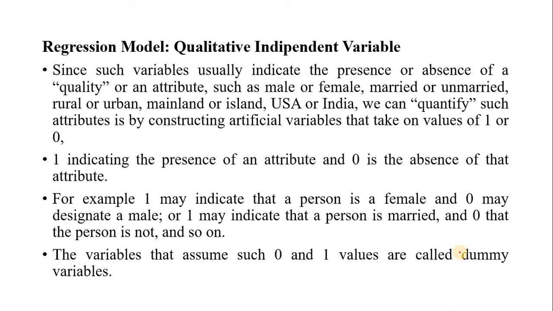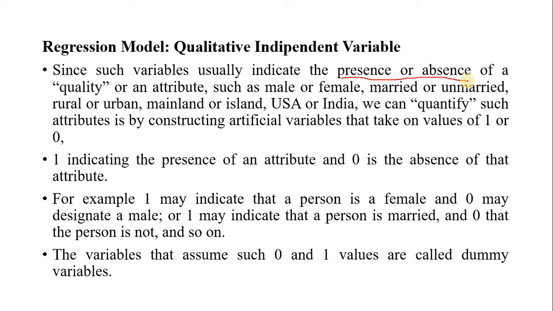Then how can we include it? That's the fundamental question. Because this is a purely qualitative variable, we cannot measure it directly. So how can we measure it? For that there is a technique. Usually, a qualitative variable indicates either the presence or the absence of an attribute, such as gender, male or female.